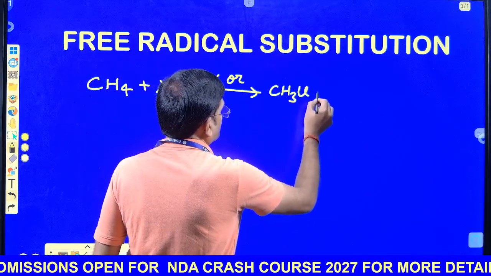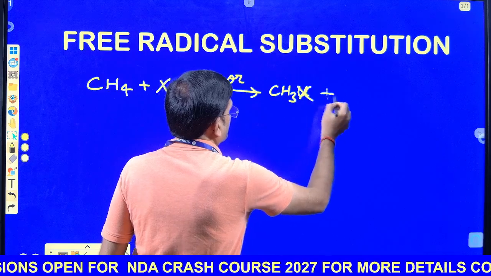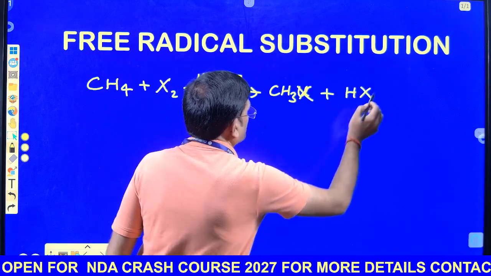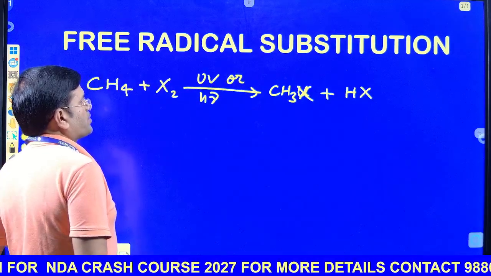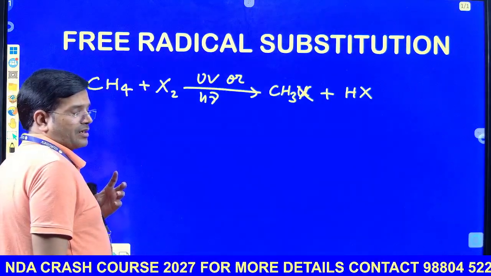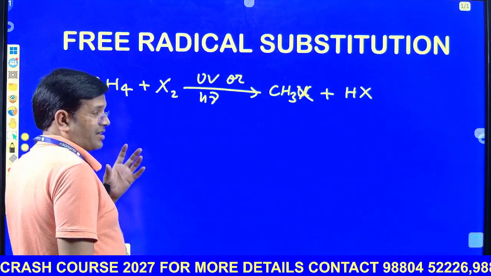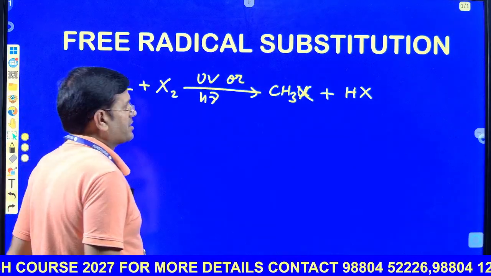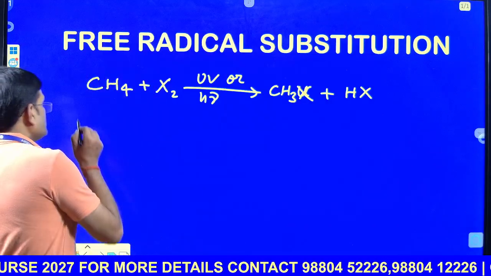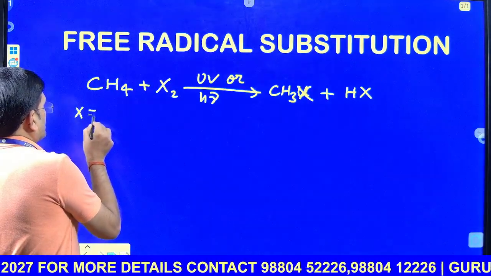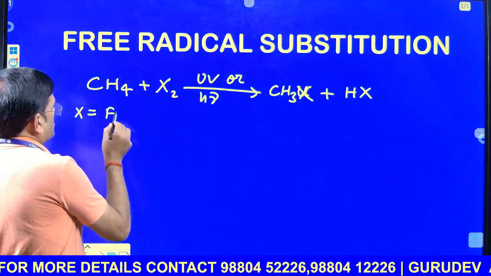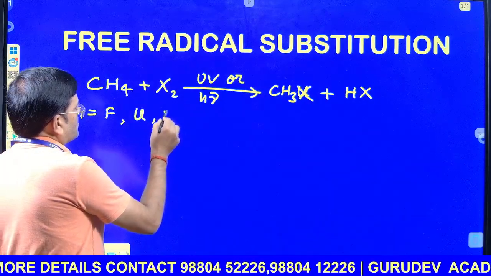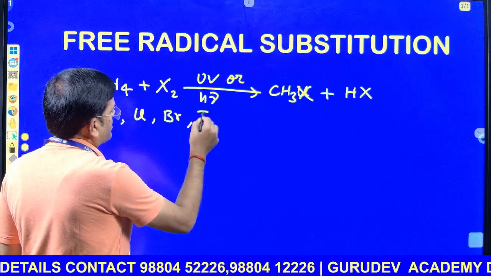One of the hydrogens is replaced and a monohalogenated product is obtained if the reaction is carried out under controlled conditions, right? Here X is equal to fluoro, chloro, bromo, then iodo.